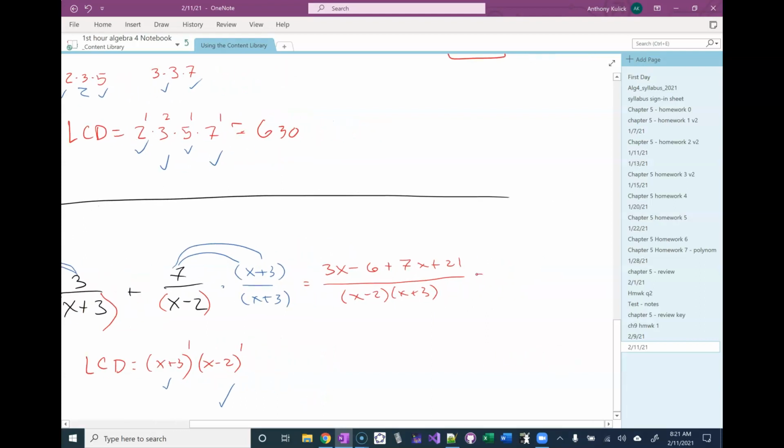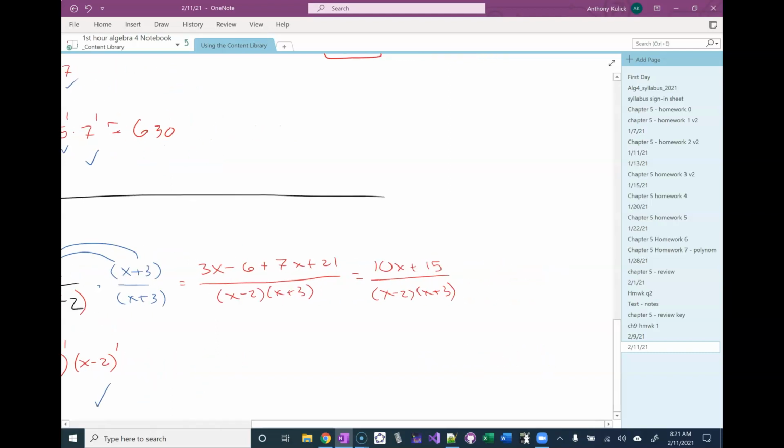Now we'll just combine our like terms. So 3x and 7x is 10x. Negative 6 and positive 21 is positive 15. So there the addition is done. So I just need now to check to see if I can reduce. The denominator is already factored, which is nice.